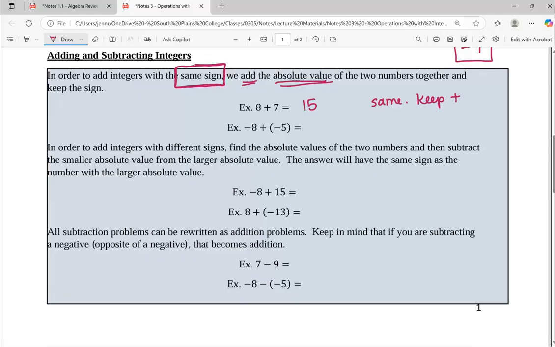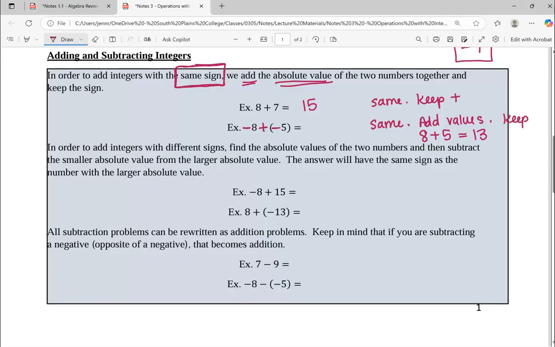If I have the same sign, even though they're both negative, negative 8 plus a negative 5, they're both negative. I need to go ahead and add the values. So I'm going to add the 8 and the 5 together, giving me 13.